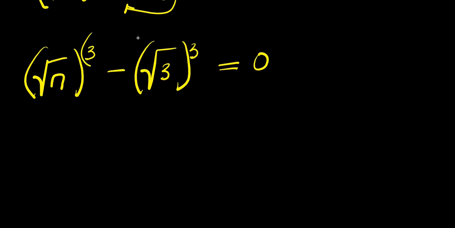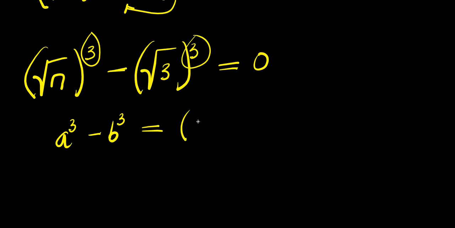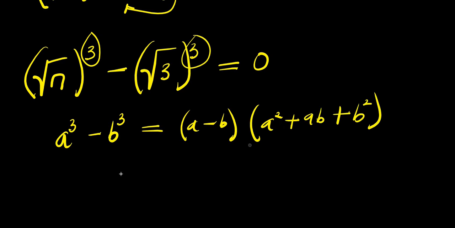So we can expand using a power 3 minus b power 3, which equals a minus b times a squared plus ab plus b power 2. A is square root of n, b is square root of 3.